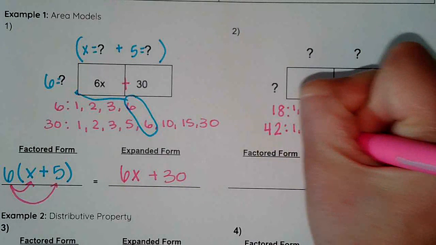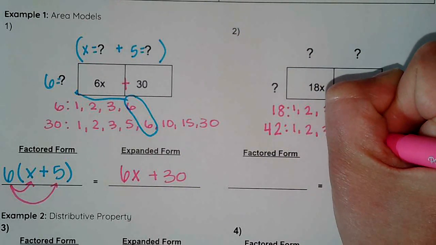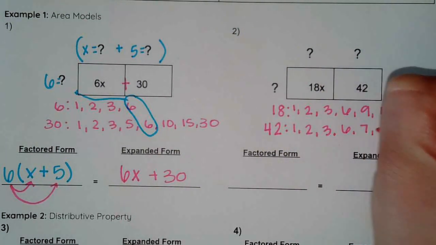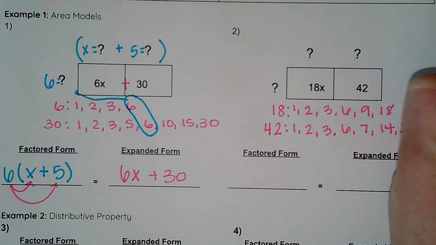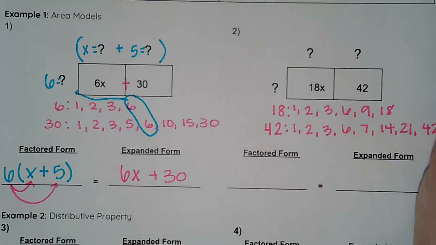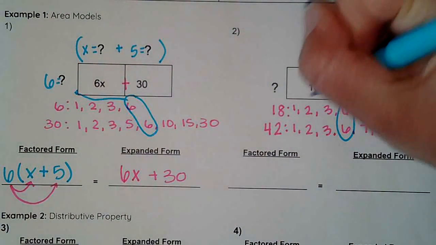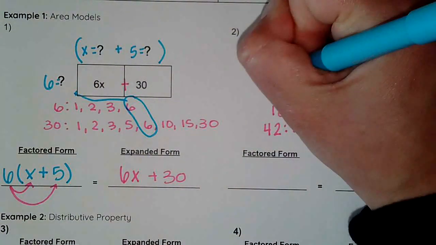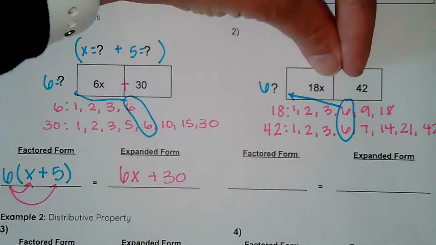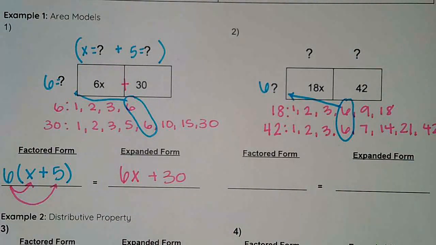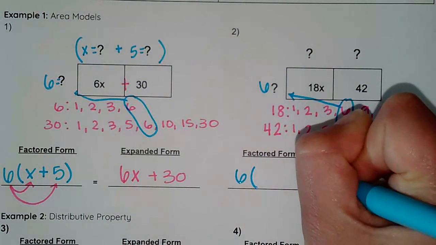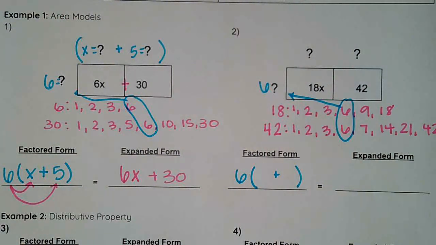And then we've got 1, 2, 3, 6, 7, 14, 21, and 42 as factors for 42. This time our greatest common factor will be 6. So that 6 shoots to the outside. We're pulling it out of our expression, and it goes outside of our parentheses.